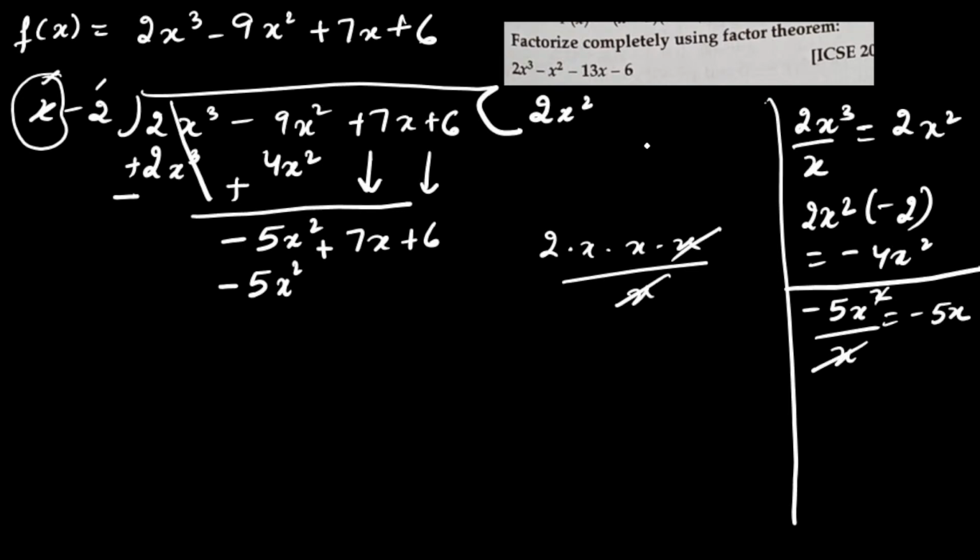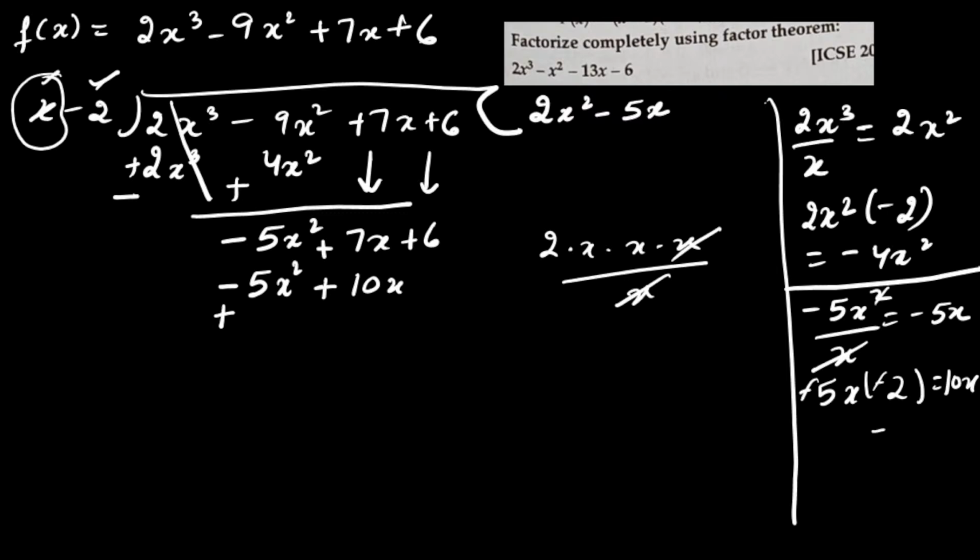This minus 5x we write here in the quotient, and with this minus 5x we will multiply this minus 2. So minus 5x into minus 2 is positive 10x because minus and minus sign will get cancelled. Under the like term we write plus 10x.